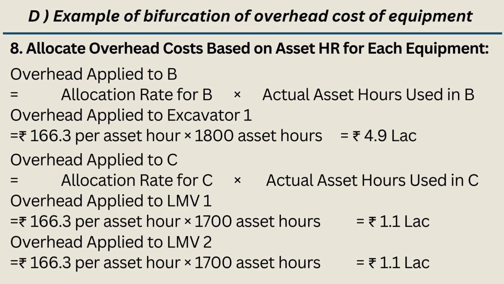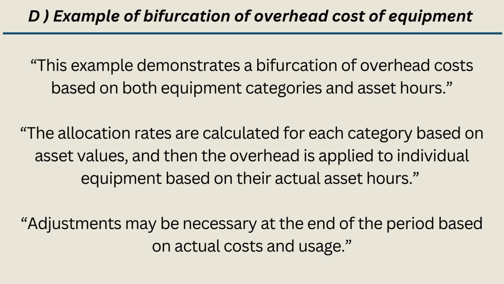Overhead applied to C equals allocation rate for C multiplied by actual asset hours used in C. Overhead applied to LMV 1 equals 166.3 Indian rupees per asset hour multiplied by 1,700 asset hours equals 1.1 Indian rupees lakh. Overhead applied to LMV 2 equals 166.3 Indian rupees per asset hour multiplied by 1,700 asset hours equals 1.1 Indian rupees lakh.